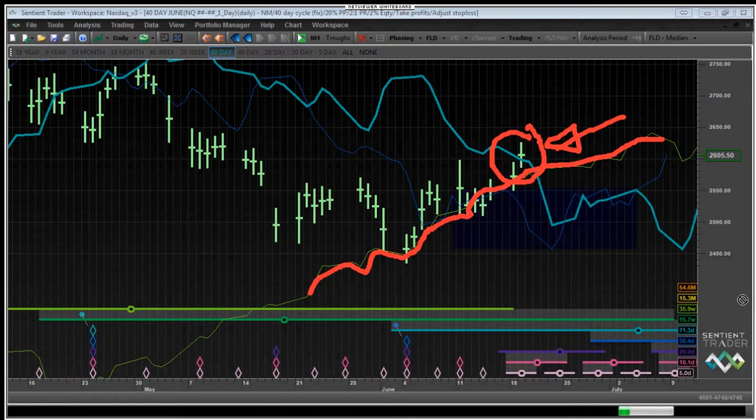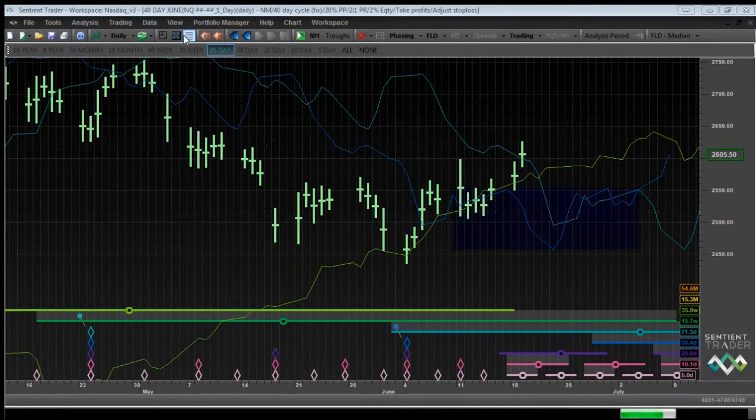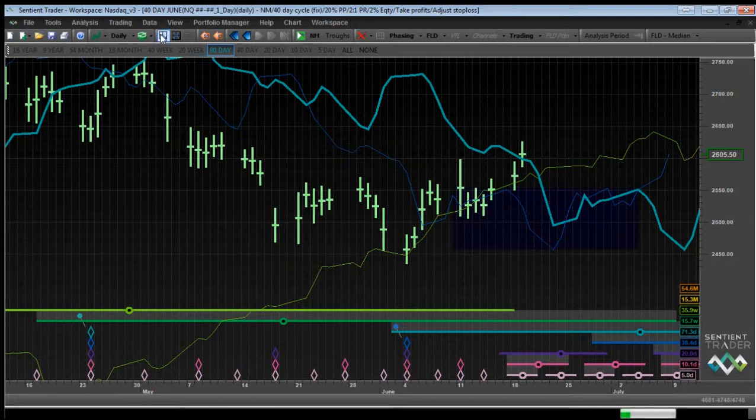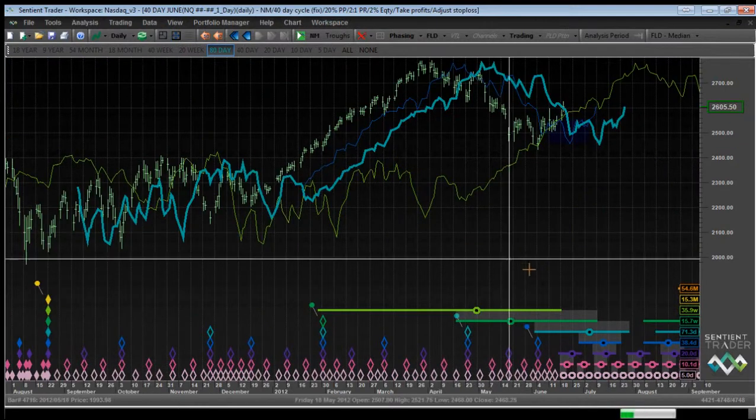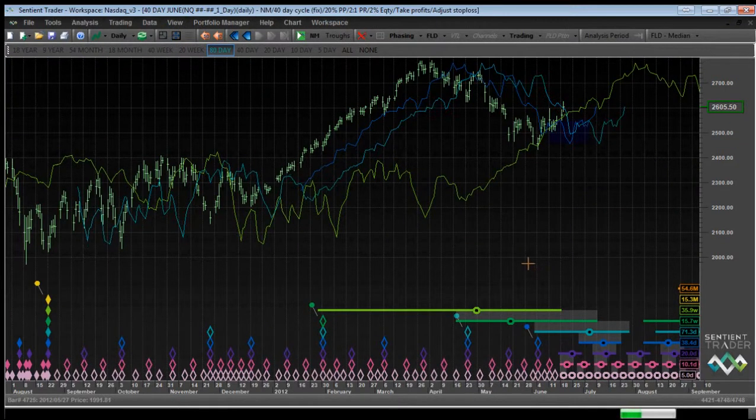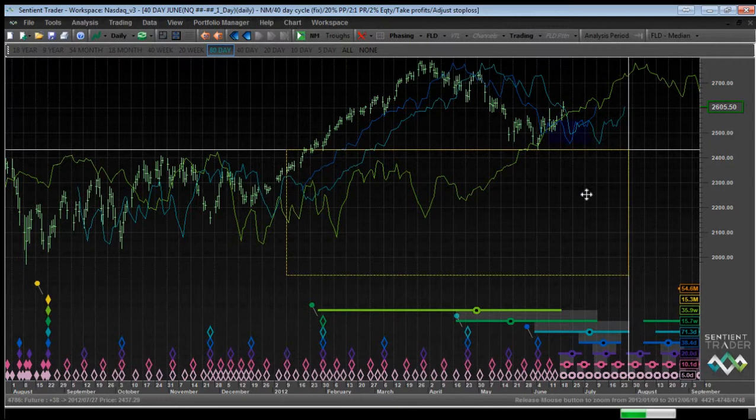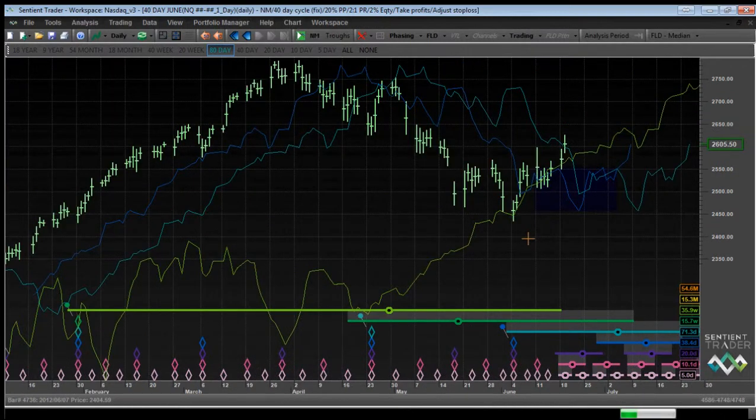Steve says, the 80-day seems well overdue if it's only just crossed its FLD. Let's have a look at that. I think that question relates to the question I was emailed, which I might answer. So you're saying that the 80-day cycle must be very overdue if it is only just crossing its FLD.